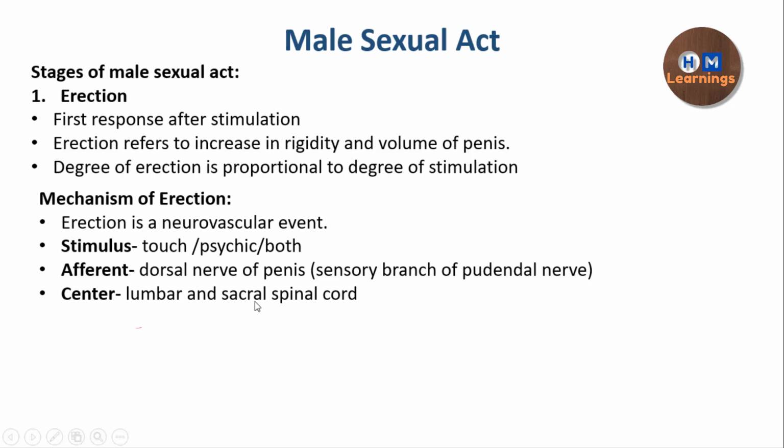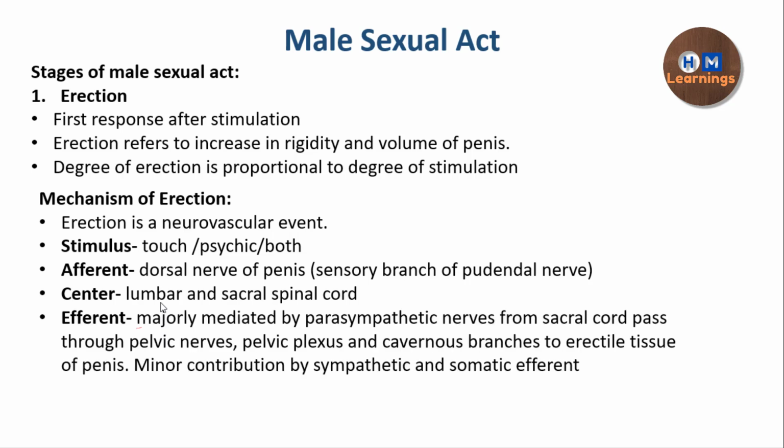So it goes to the sacral spinal cord, because we know that for the parasympathetic system, the preganglionic neuron cell bodies are present in the cranial part or in the sacral spinal cord. So the parasympathetic part arises from the sacral spinal cord, and the lumbar part is also involved, which is the sympathetic system. So both sympathetic and parasympathetic are involved in the erection, but it is mainly a parasympathetic one. The major contribution is by the parasympathetic.